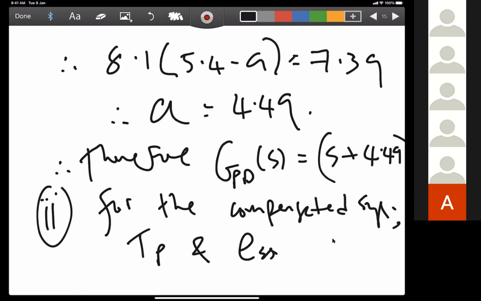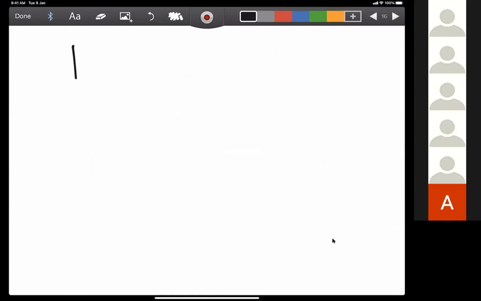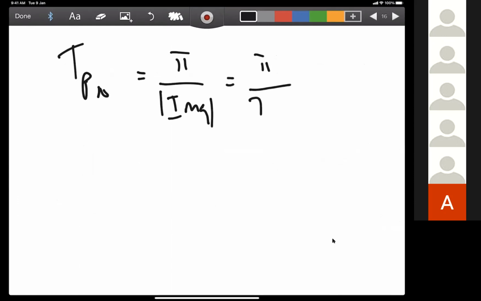Okay. So the new peak time is pi divided by imaginary, 7.39, which is 0.43 seconds.